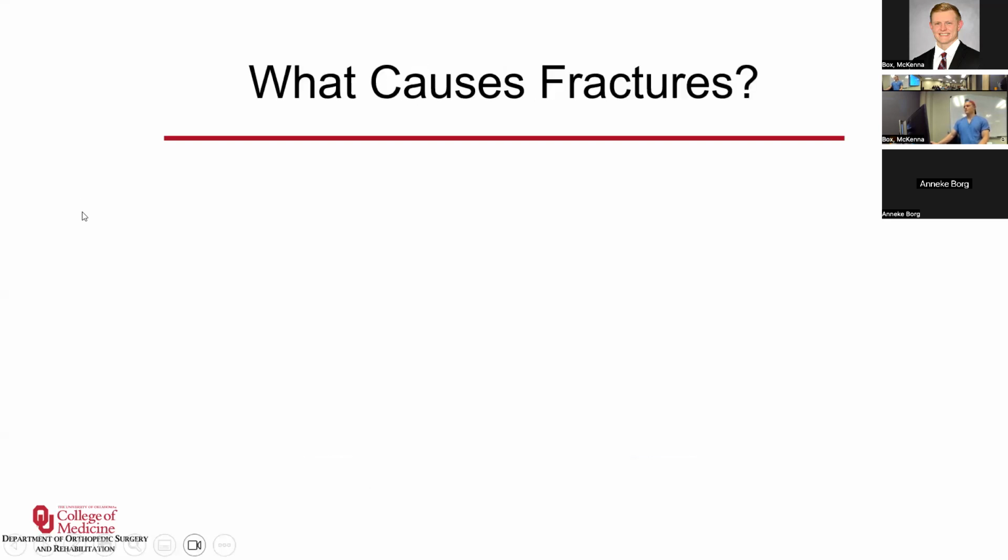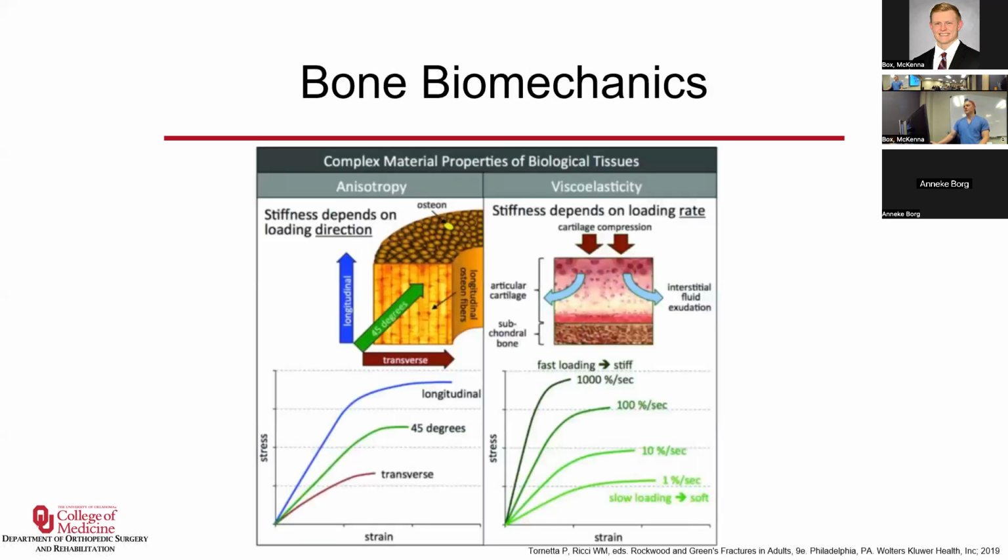So the first question, to get things kicked off, is what causes fractures? Before we get into that, we need to go over some of the biomechanics of bone and some of the properties of it. Bone has 2 main material properties. It has, I always terribly say this, anisotropy, and it's viscoelastic.